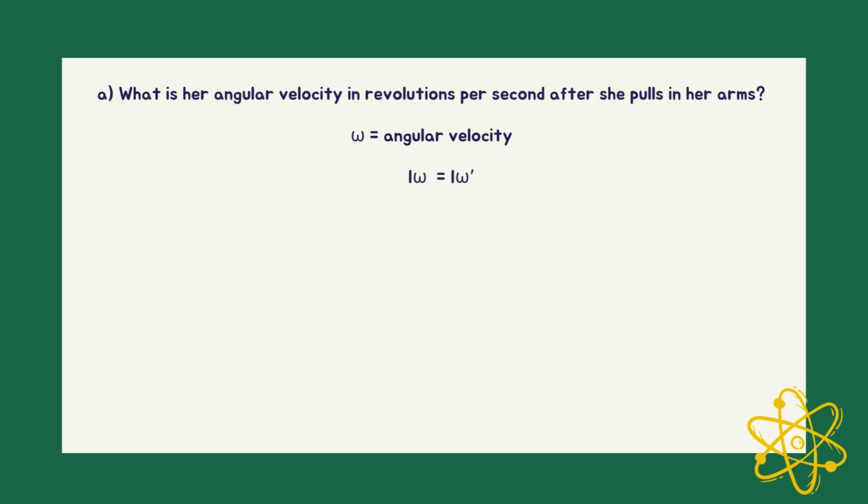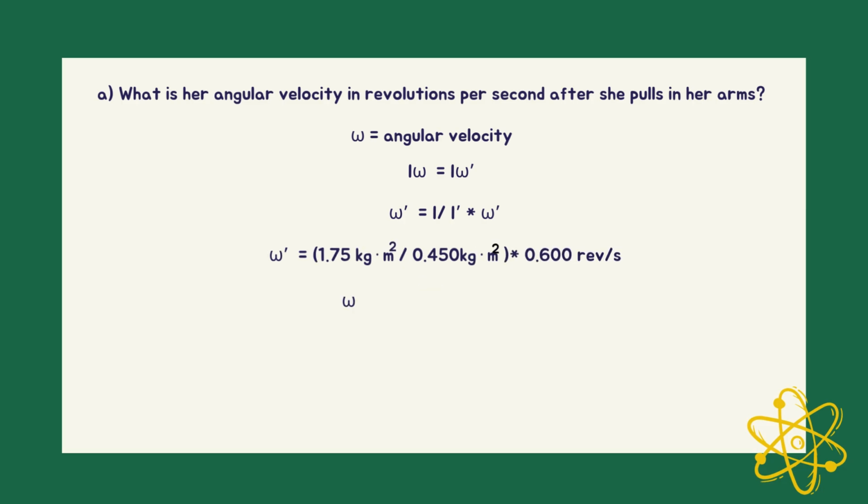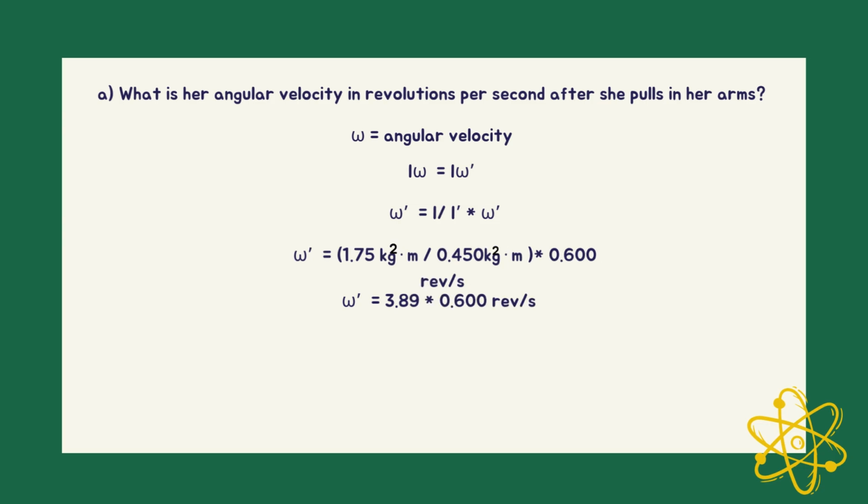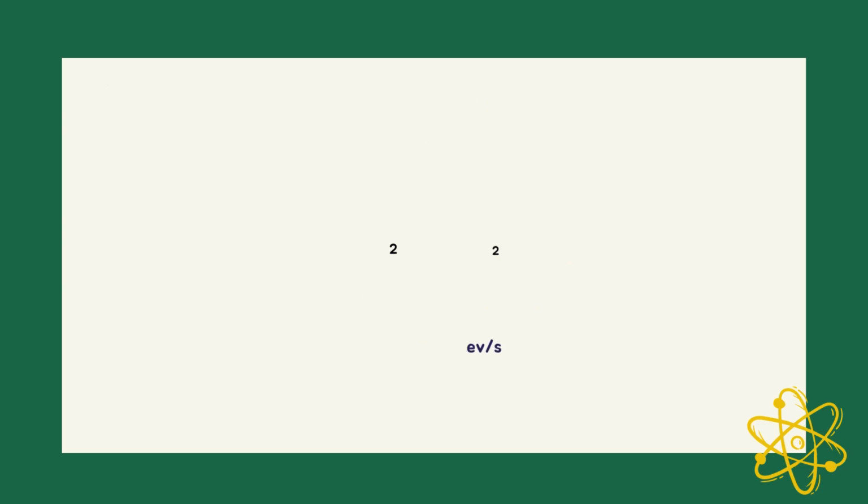Since we are looking for the final angular velocity, let's rearrange the equation. By dividing the final moment of inertia to the other side, we end up with this equation. We can substitute the given values, simplify it down, and end up with 2.33 revolutions per second.